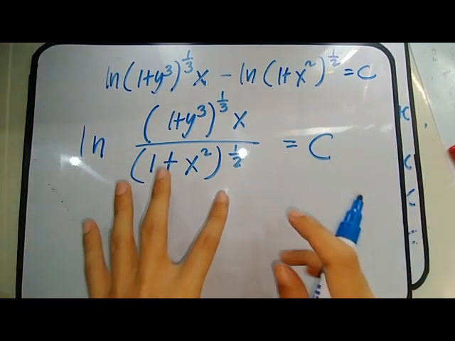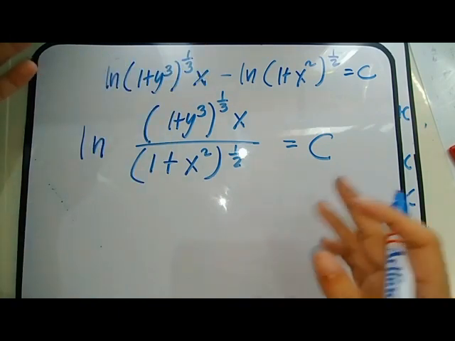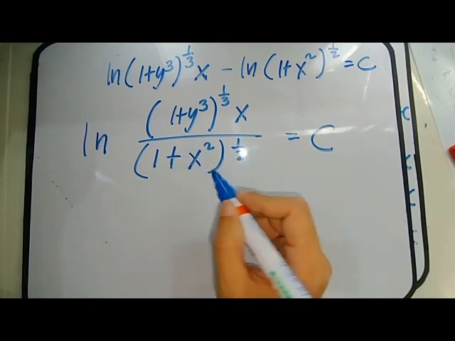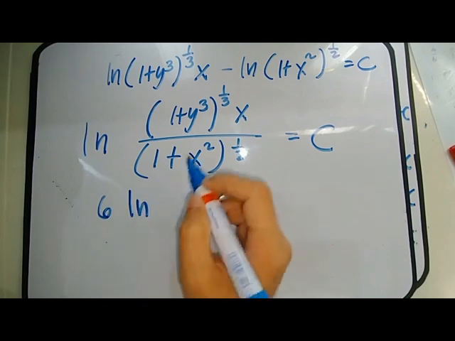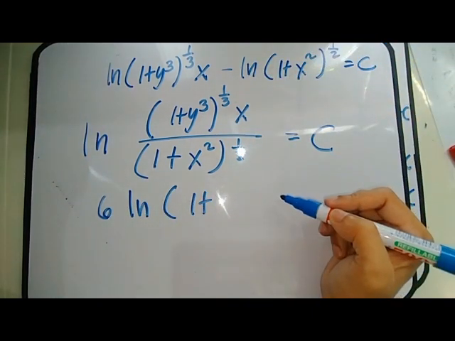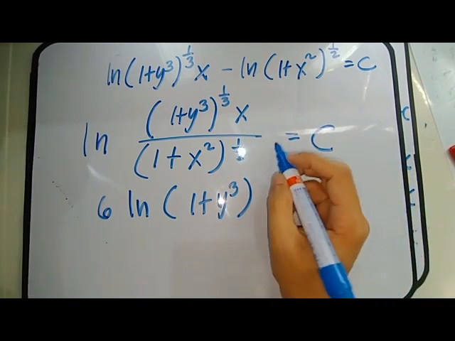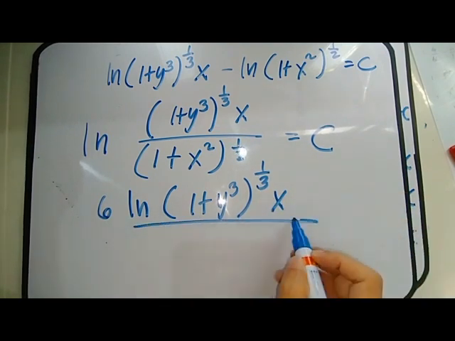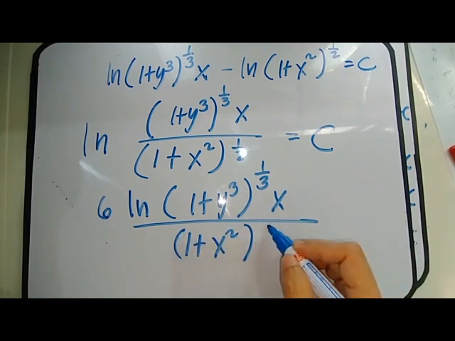Now ito guys, para ma-simplify natin na wala na tayong fraction na exponent, we just multiply this by 6. So 6 kasi yung common niya. So i-multiply natin guys sa 6 lahat. So 6 ln, so in order for us to have a whole number exponent, 1 plus y cubed raised to 1/3, we have here x all over 1 plus x squared raised to 1 half.